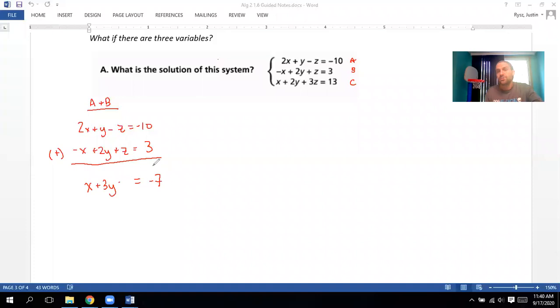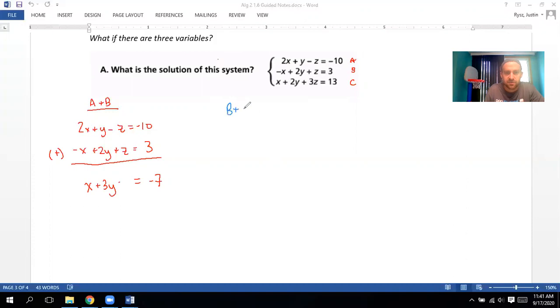So then the next step is I need to pick another 2. I need to pick either A and C or B and C, and I have to eliminate Z's as well. So if I eliminate the Z's from A and B, your next step is to pick another 2 combination and eliminate the same variable. So I'm going to pick B and C here.